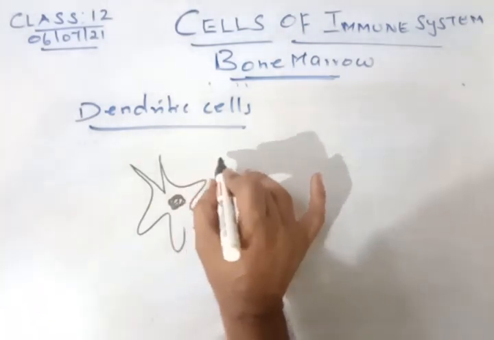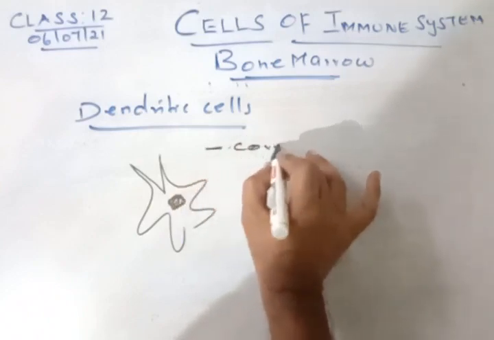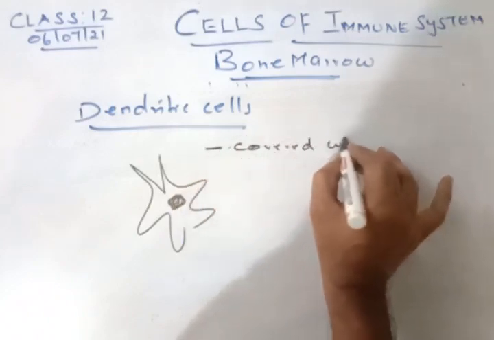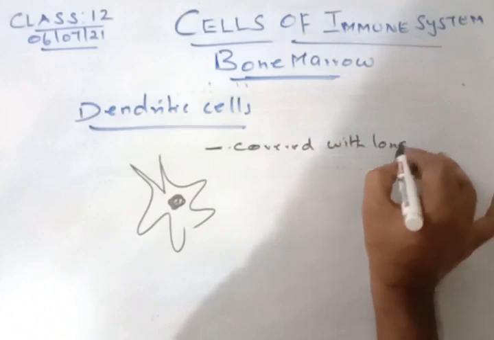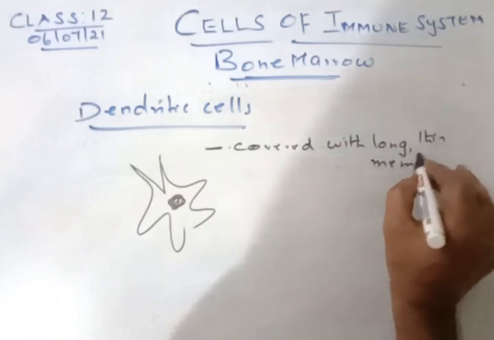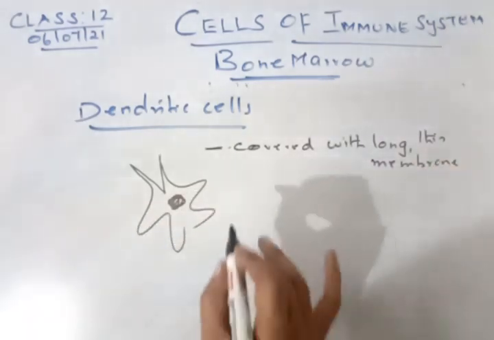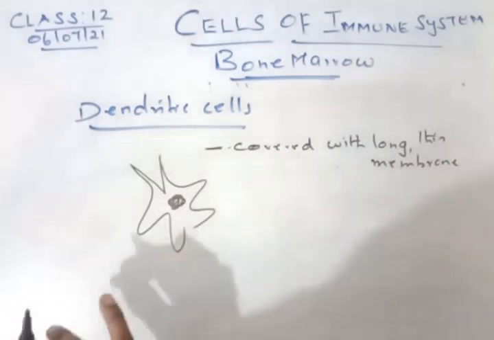And it is covered with long and thin membrane. It is always covered with long as well as thin membrane. Why the name? Because it resembles the nerve cells.